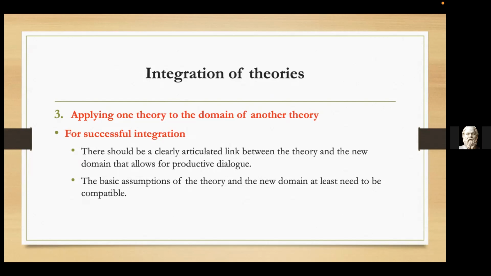Now, for this to work effectively, there should be a clearly articulated link between the theory and the new domain that allows a productive dialogue. The basic assumptions of the theory and the new domain at least need to be compatible.